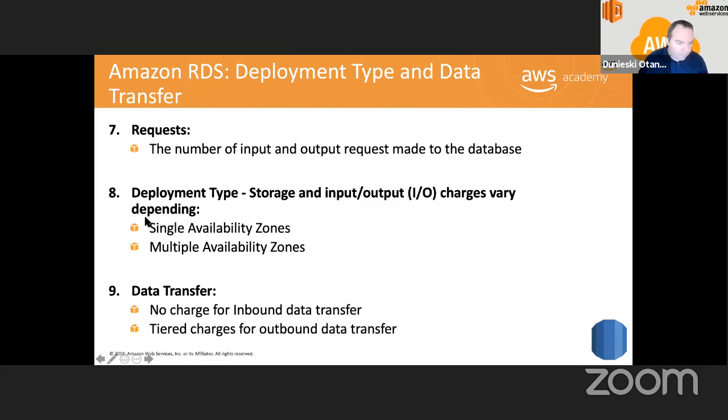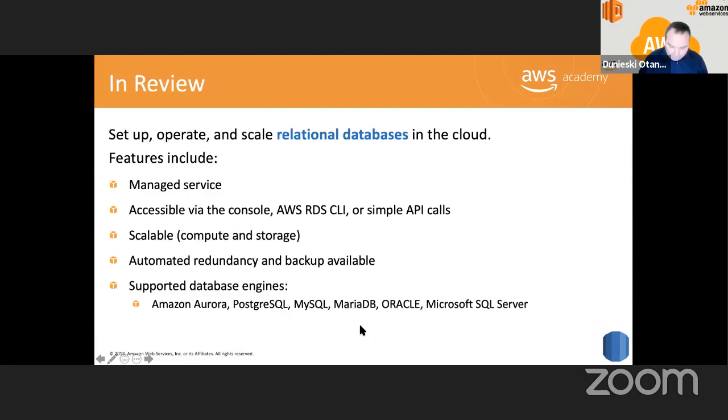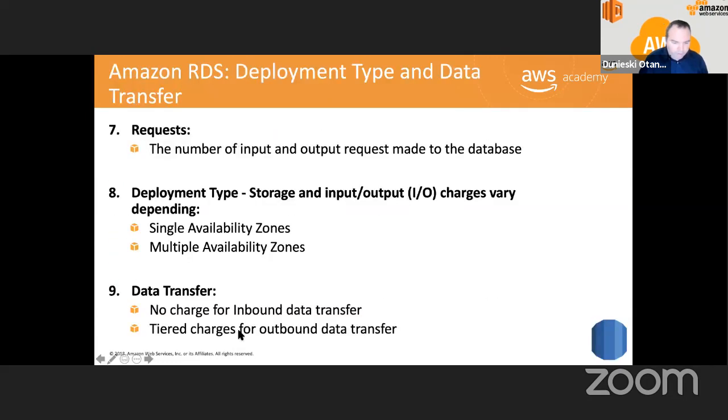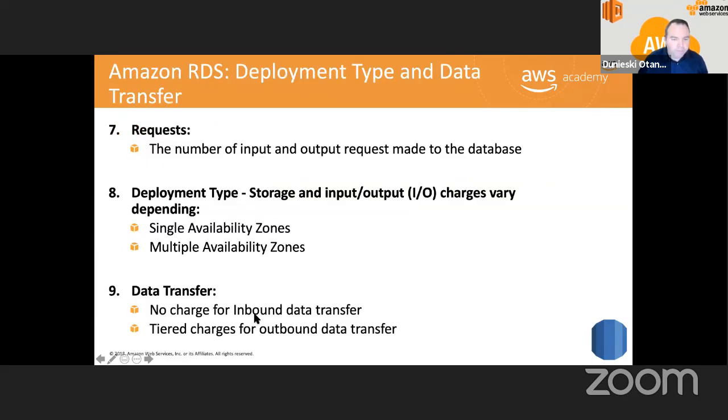So high availability costs money. Data transfer: no charge for inbound data transfers, tiered charges for outbound data transfer. So that's something that you already know.